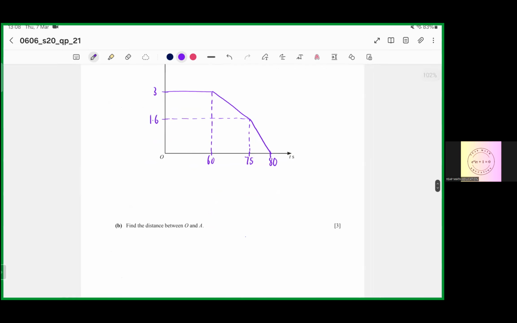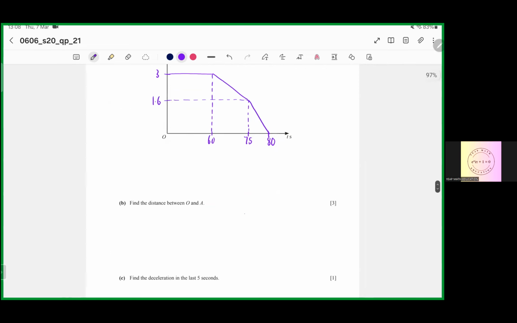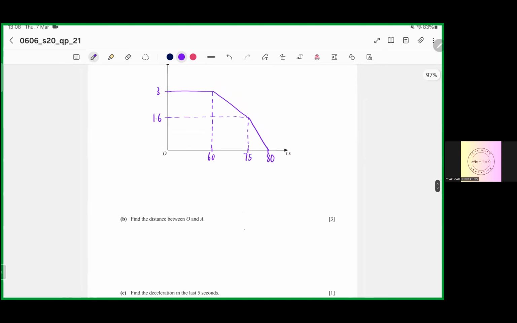Question B says find the distance between O and A. It means start from here until here. Okay, now we need to find the distance. We can use the area of the shape to find it.